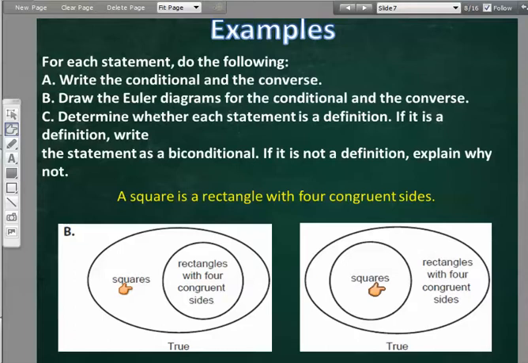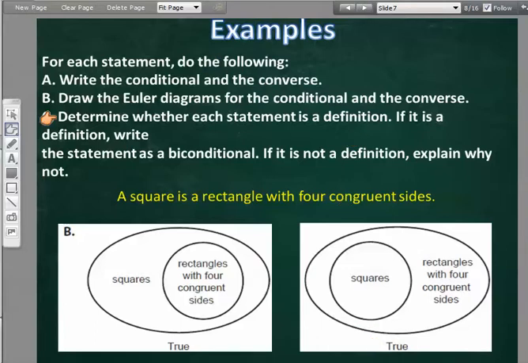And then here's what the converse looks like. If they are squares, then they are rectangles with four congruent sides. And then what we're looking at is the conditional statement is true, and the converse is true. So remember, when they're both true, it kind of makes up a definition, which we call a biconditional.